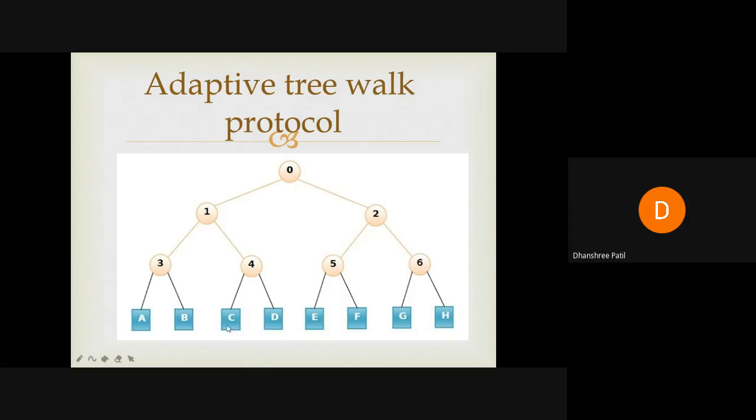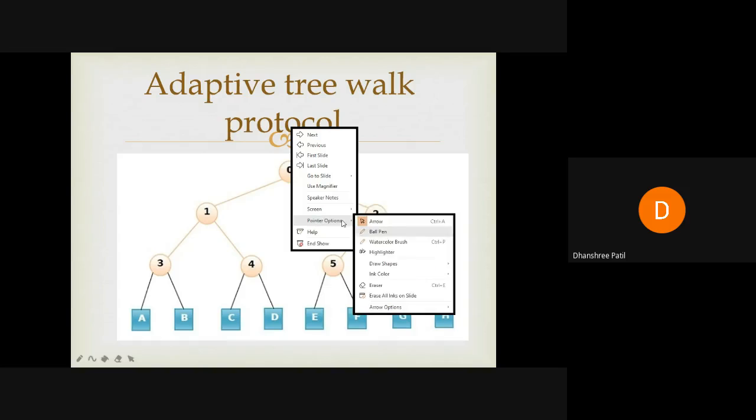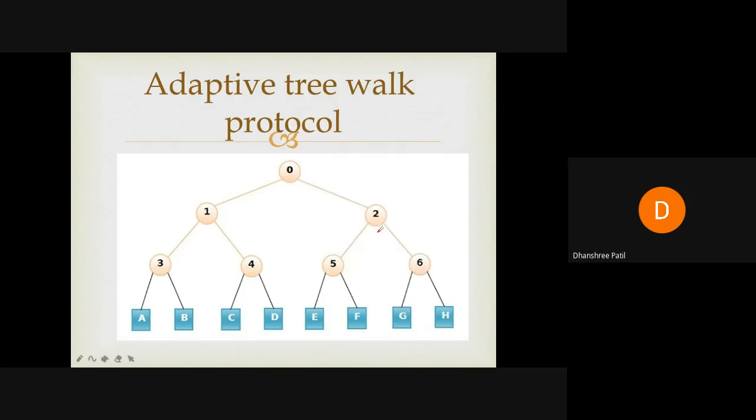If collision occurs, initially there will be only two groups, group number 1 and group number 2. Group number 1 will have four stations, A, B, C, D. Then group number 2 will have again four stations, E, F, G, H. Okay, now what will be the case?